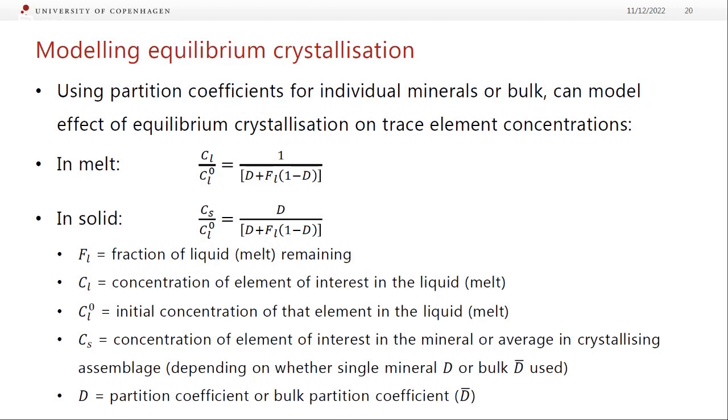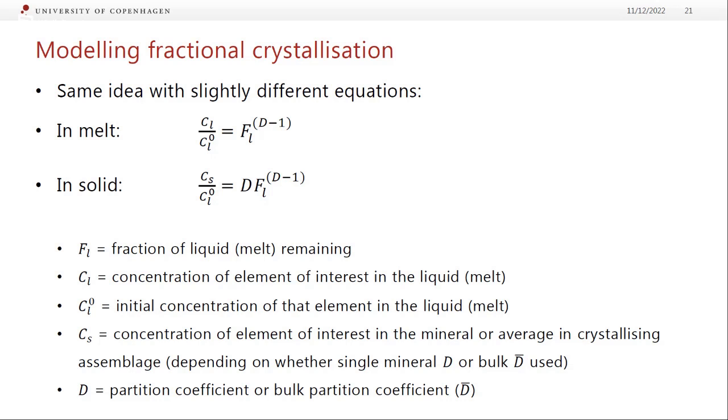And you don't need to memorize this equation, but we'll probably try and use it in the exercise this week to calculate some stuff. In the solid, it's almost the same equation. So this is the concentration in the solid divided by the original concentration in the liquid, and it's the same but just multiplied by this partition coefficient here.